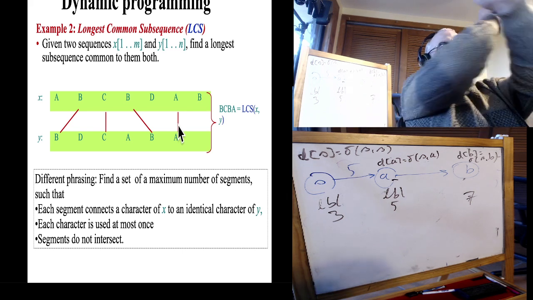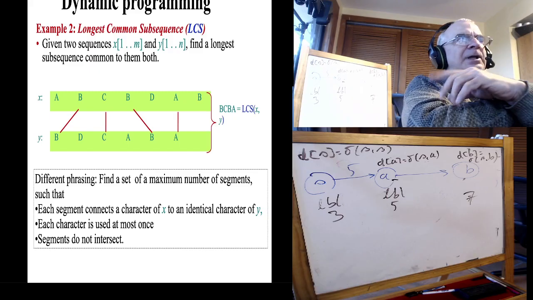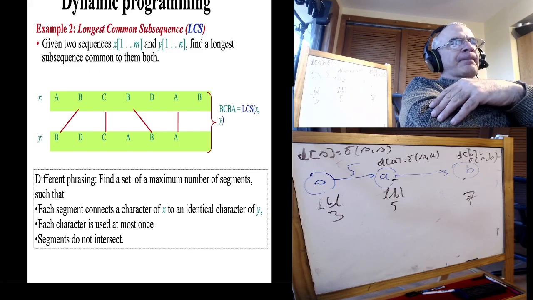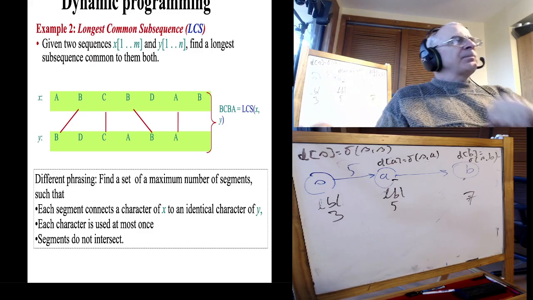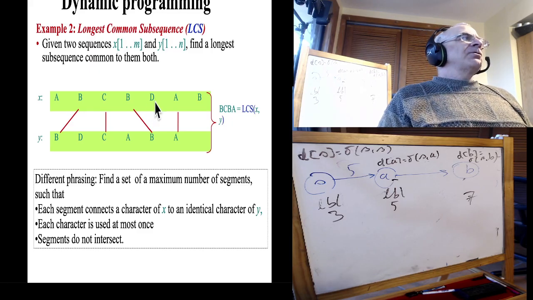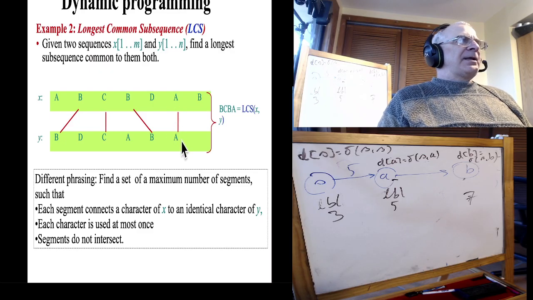And the second rule is that these segments are not allowed to cross each other. On top of it, one character is connected to only one other character. In this aspect, it's a matching. I cannot connect this A to two A's from the other side.